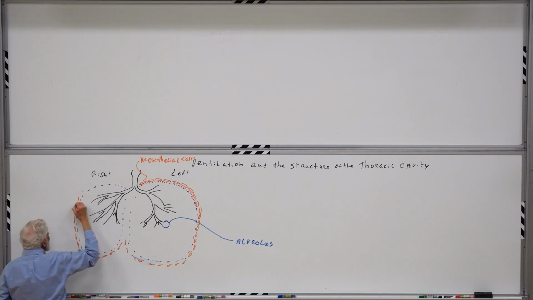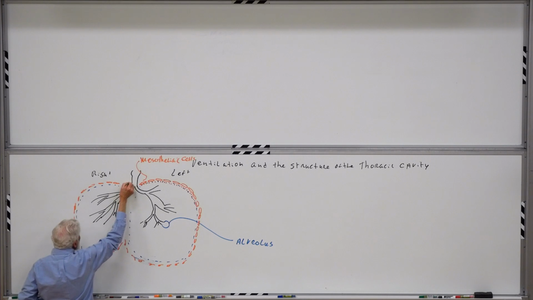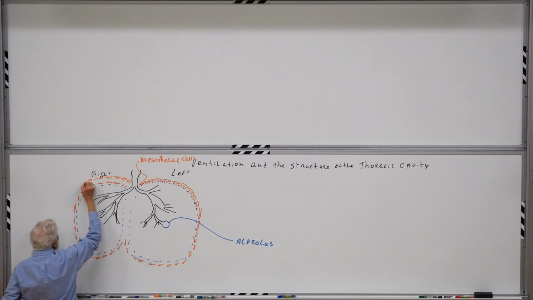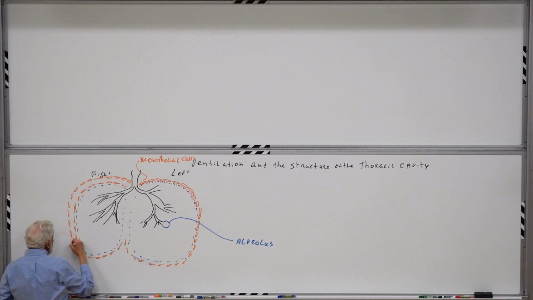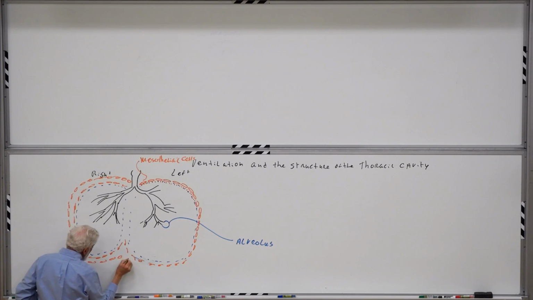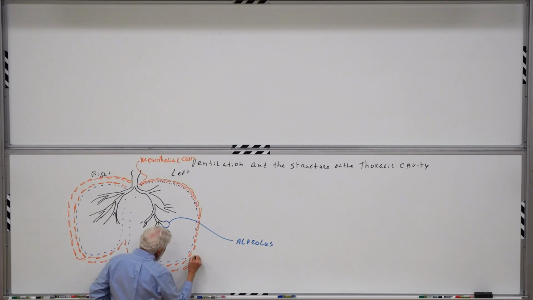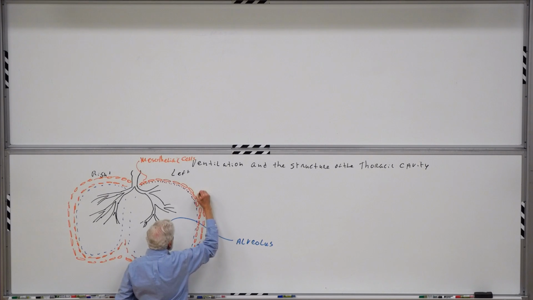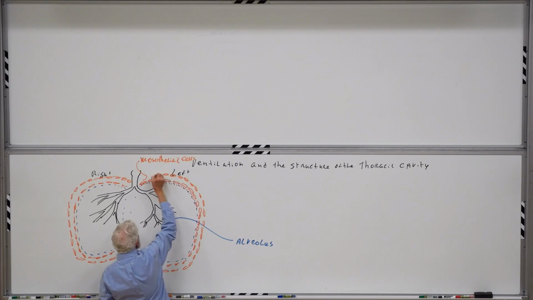But then we see that this continuous layer folds back on itself to effectively form two layers. Both of these layers are oriented in the sense that there's a basilar surface and there's an apical surface.